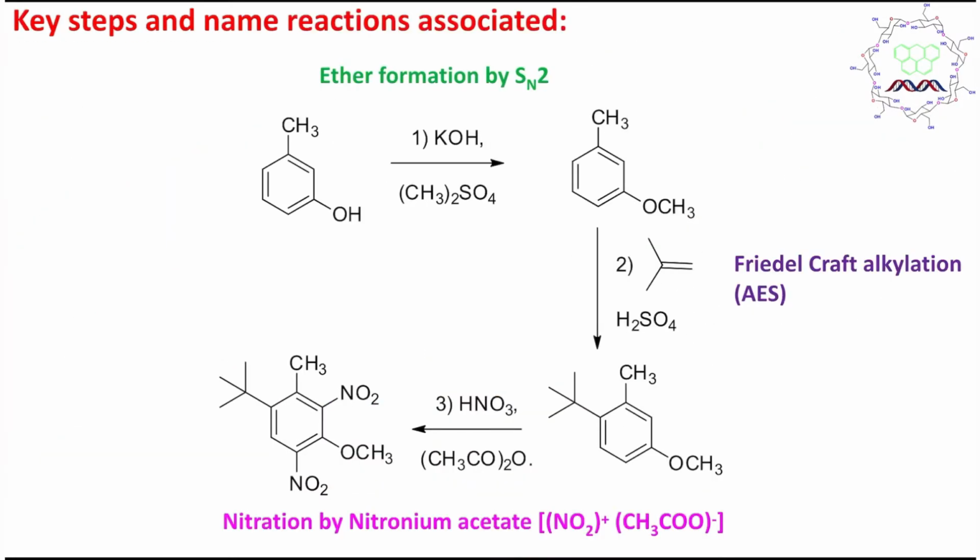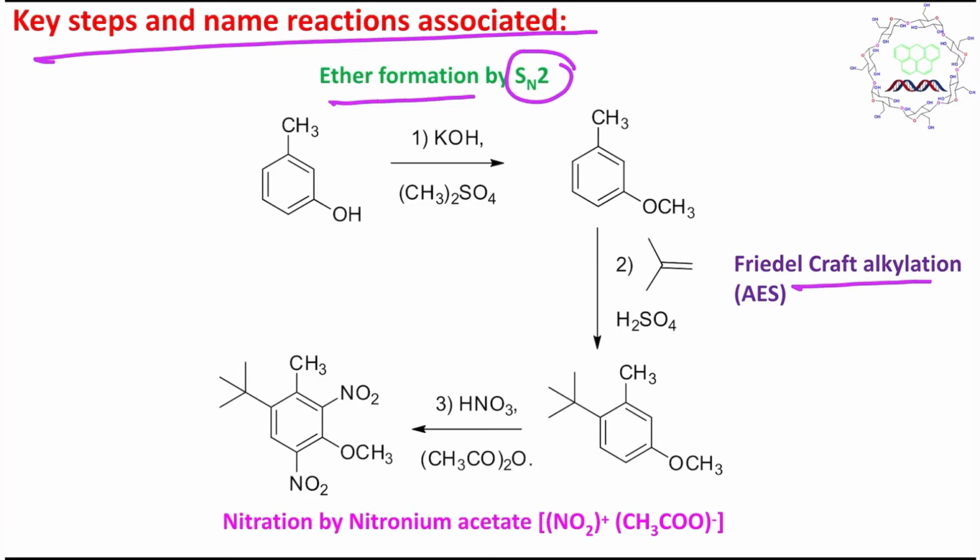Now, what are the key steps and main reactions associated with this process? The first step is ether formation by an SN2 type reaction. As I told, first O minus, then nucleophilic attack, which is actually an SN2 type reaction. Second step is Friedel-Crafts alkylation, and in this case the carbocation is generated by protonation, and the proton comes from sulfuric acid, which is a very strong acid.